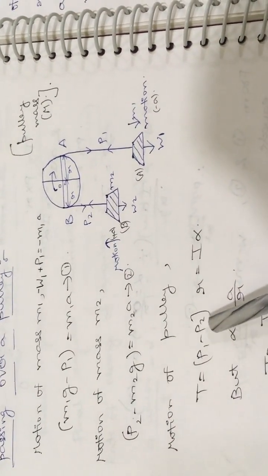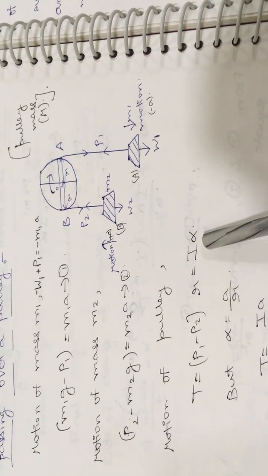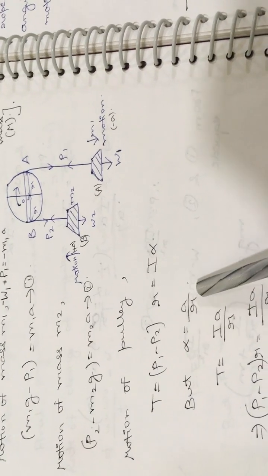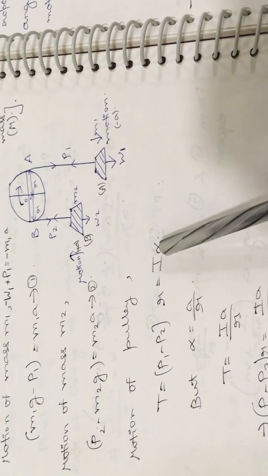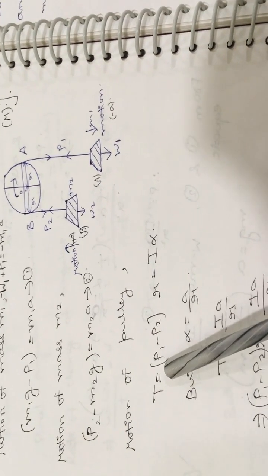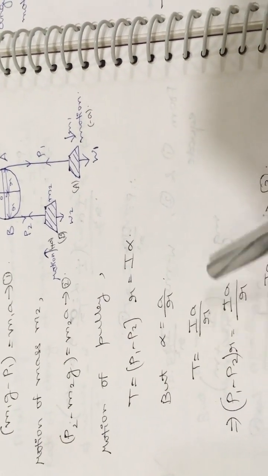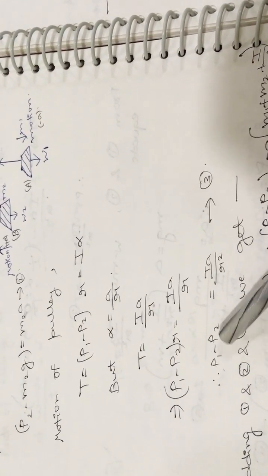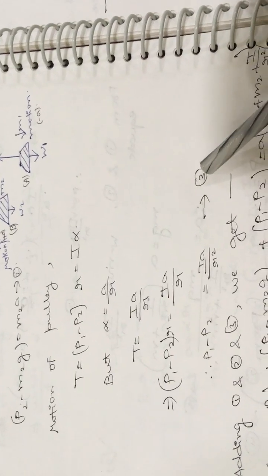So (P1 minus P2) into R is equal to another formula for the torque, which is I alpha, and again alpha is equal to a by R. So substitute in the second formula. We will get it in terms of Ia by R. So this torque formula and this torque formula both are equal. So equate them and get one equation in terms of P1 minus P2. So this is the third equation.